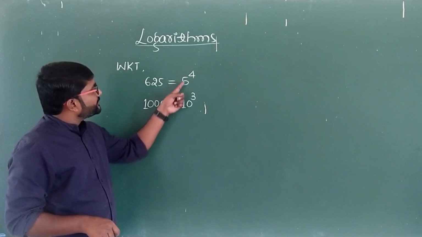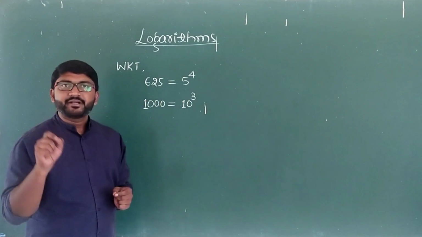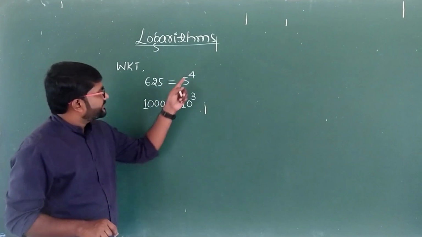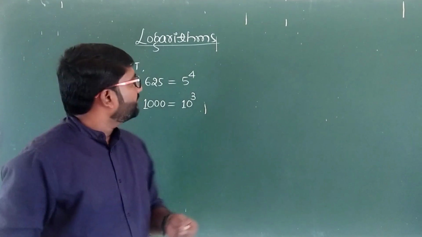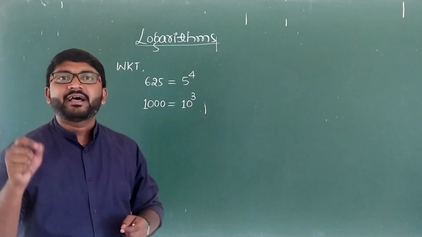Here 5 raised to 4 equal to 625, and 5 is the base whereas 4 is the index or the exponent or the power, whereas 625 is the argument.